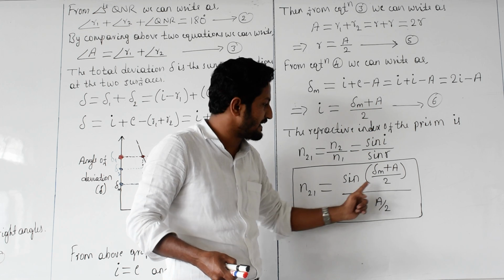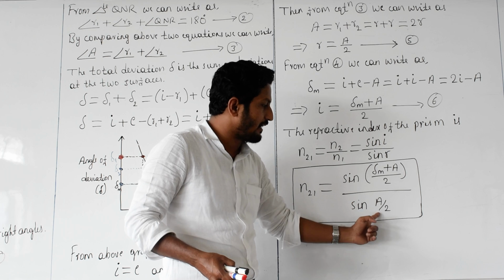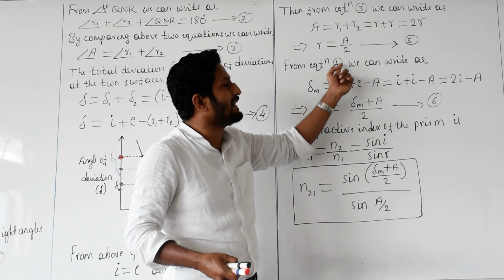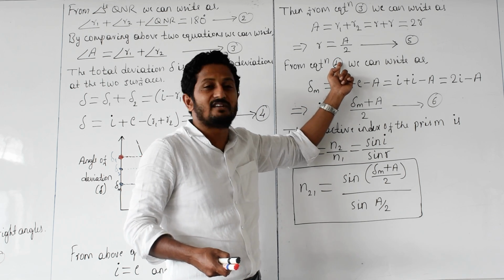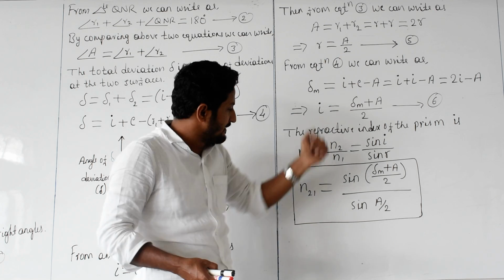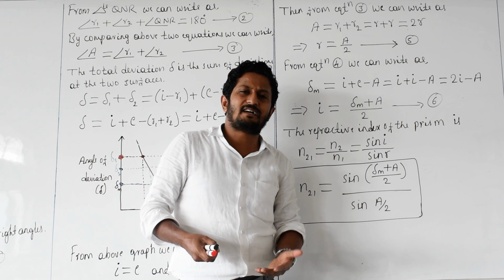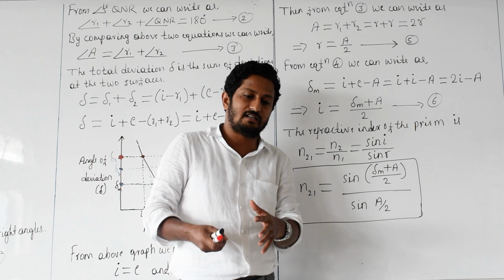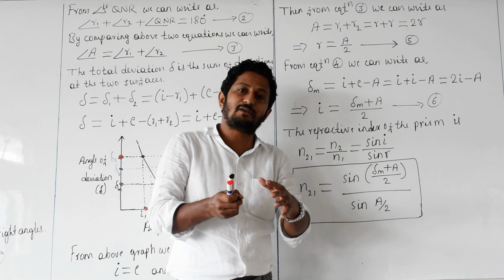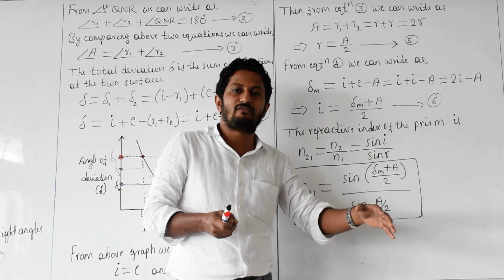Here I have written sin I by sin R, where R is nothing but equal to A by 2, from equation 5. This is the formula which gives the refractive index of the prism with respect to medium 1. Have you understood?